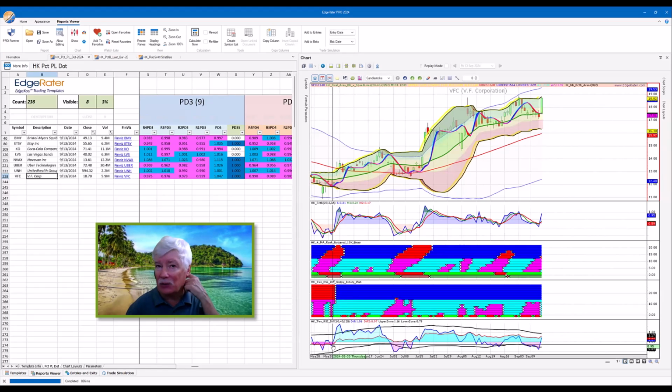And when the 10 crosses above that, it would be bullish. And when it crosses below the 40, it would be bearish. On the same hand, if you did the 40 versus the 120, when the 40 goes above the 120, that would be bullish. When it goes below that, it would be bearish.